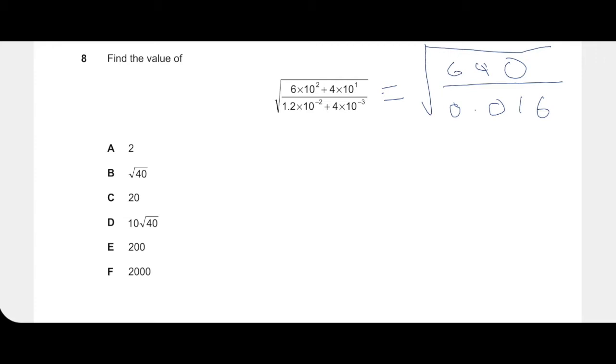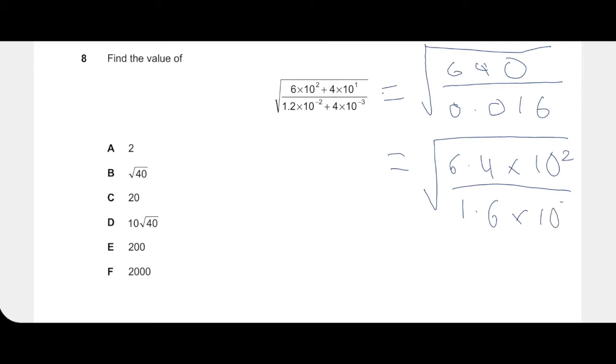And now I am going to put this all in standard form. 6.4 times 10 to the 2 over 1.6 times 10 to the minus 2.